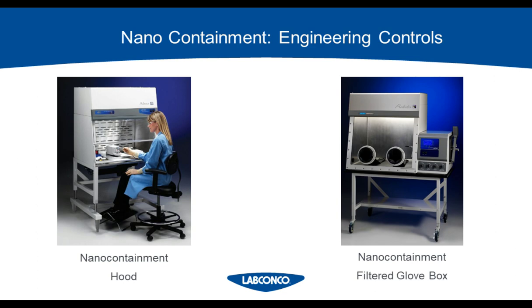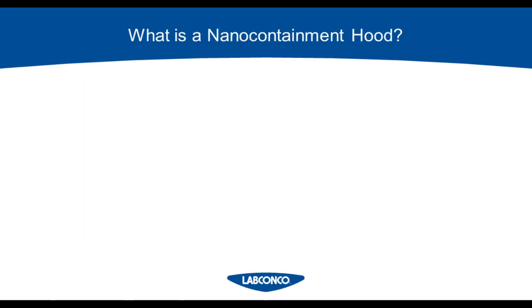The other equipment on this slide is a glove box. Glove boxes come in a lot of different configurations, but for nanomaterials, the key feature that you would want to see is a box that has a bag in, bag out filtration, either HEPA filters or ULPA filters that help to keep everything in the box and prevent it from getting into the room.